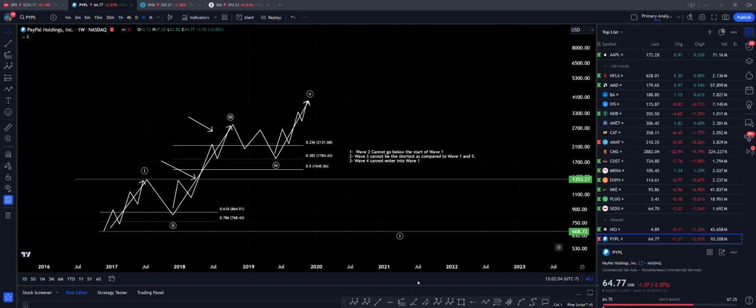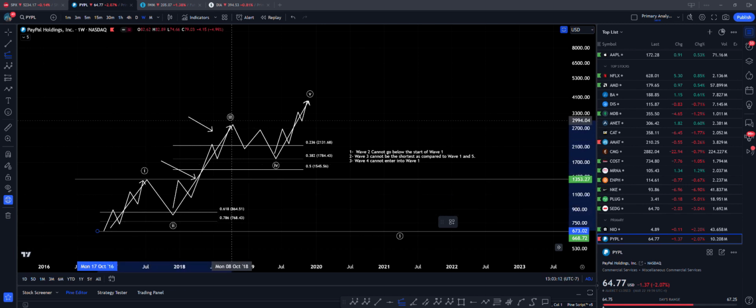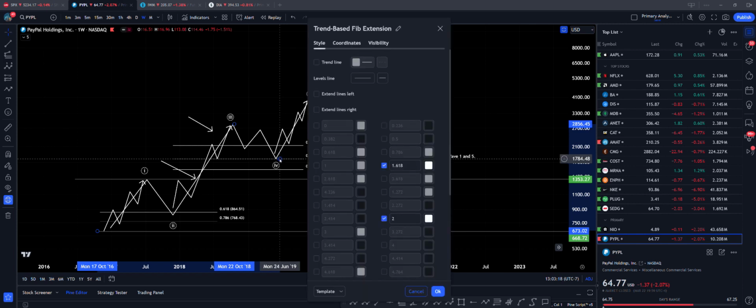And there are extensions where wave 5 extends. How to measure those extensions is that you take this extension tool. You start from the point where you started counting your wave 1, take it all the way to point 3, and put your third point at the wave 4 bottom.